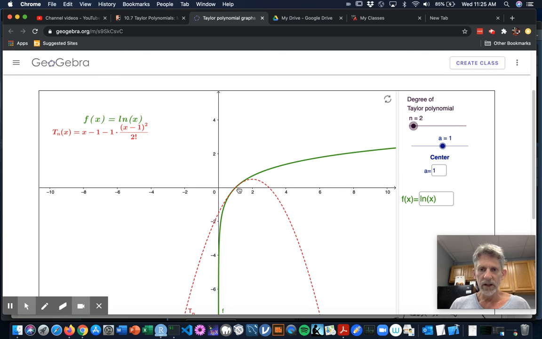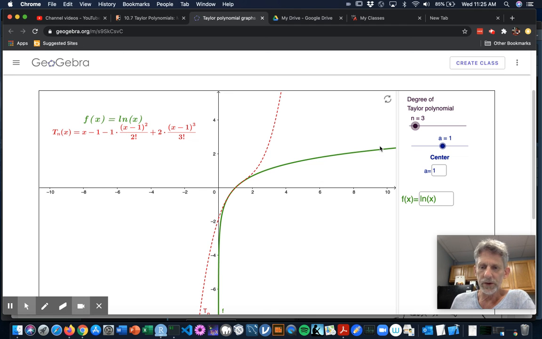And it looks like it's going to do a pretty good job as long as you stay close to x is 1. Okay, let's go up to the third degree polynomial. And so the third degree polynomial, that's the dotted line graphed here. And you can see that it's almost indistinguishable from the log of x as long as you're pretty near x equal 1.